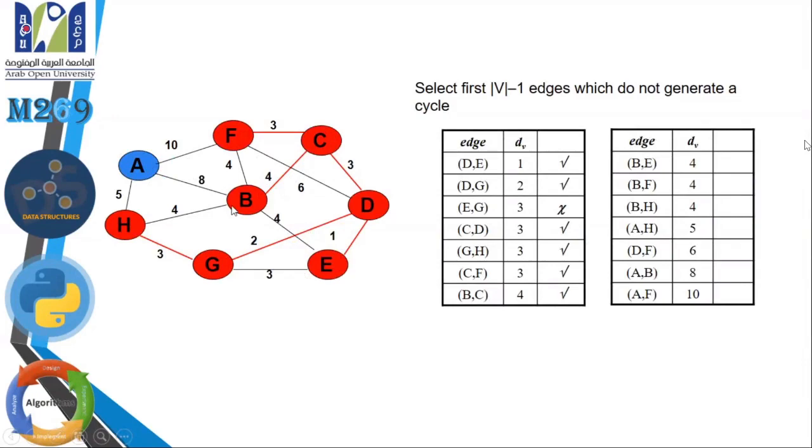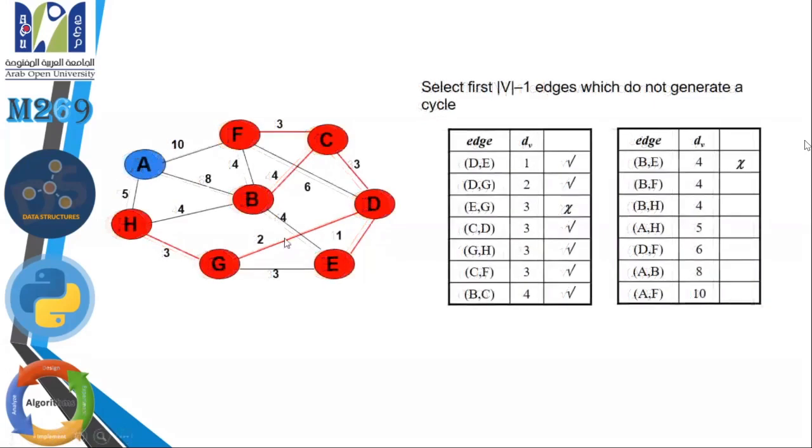BE. Of course it's very clear. Yes, it will, because here I have DC, CB. So BE will make a cycle. So don't select that one. BE then ED, so it is a cycle. Connected.